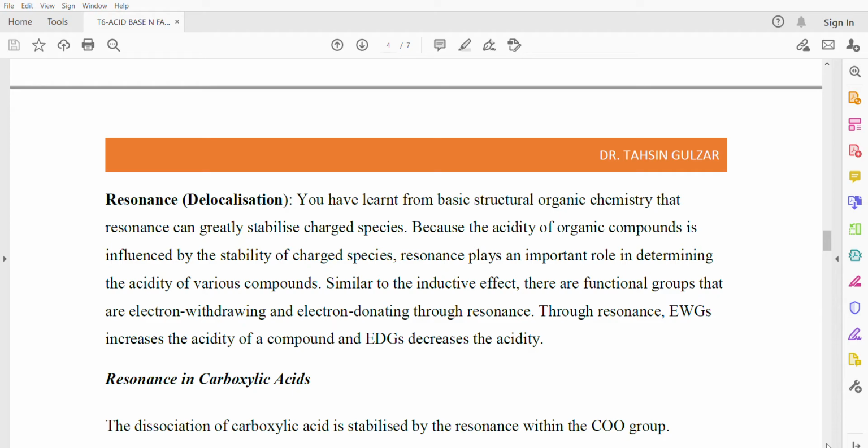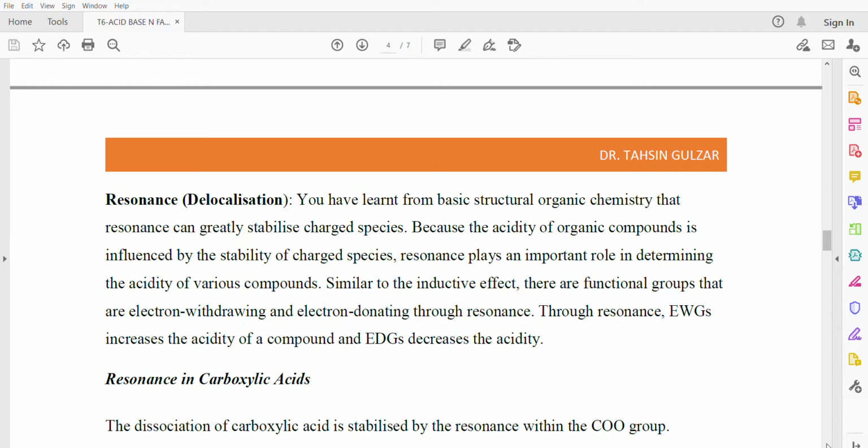Resonance or delocalization: in my next lecture, I will give you definitions of how you differentiate between resonance and delocalization. In your previous classes, you have read about what resonance is and what delocalization is. I have told you the simple example of carboxylic acid.